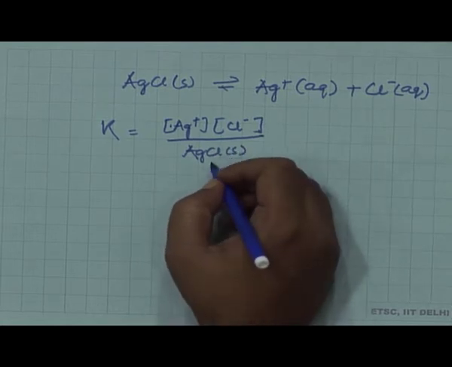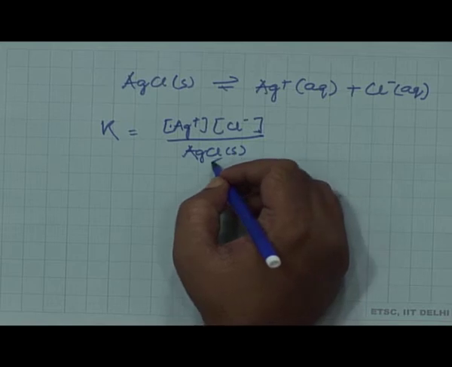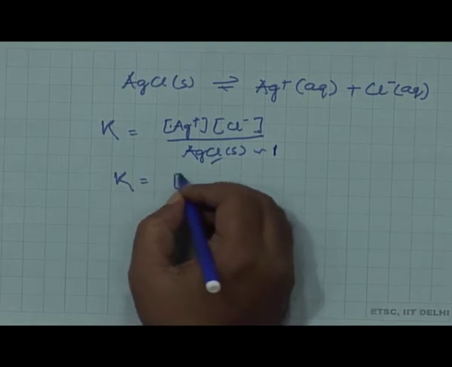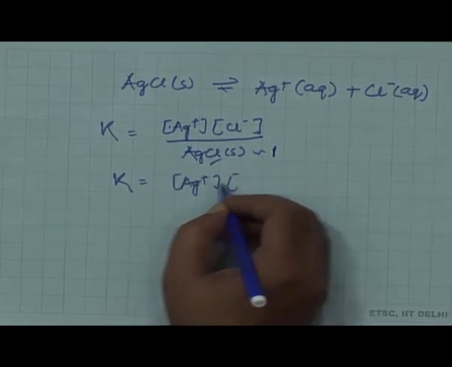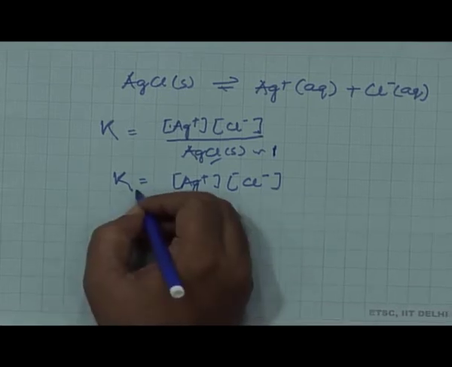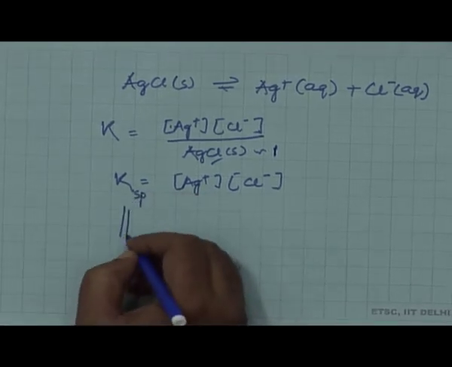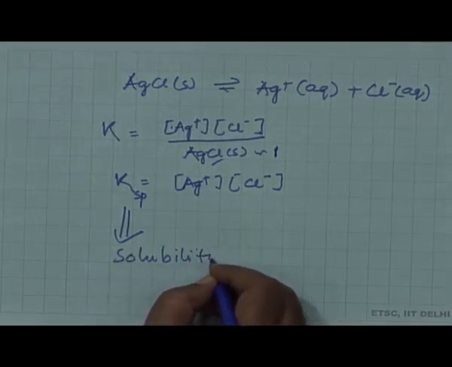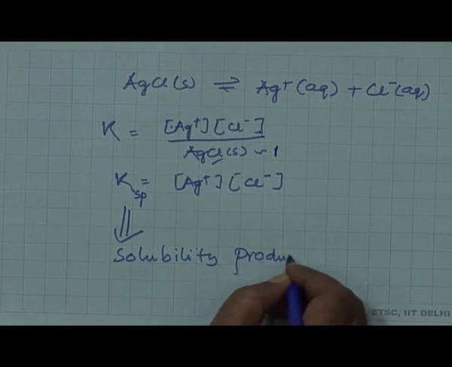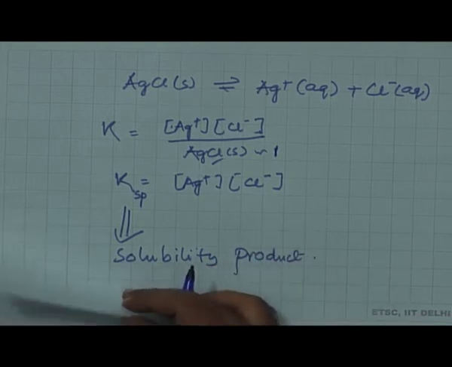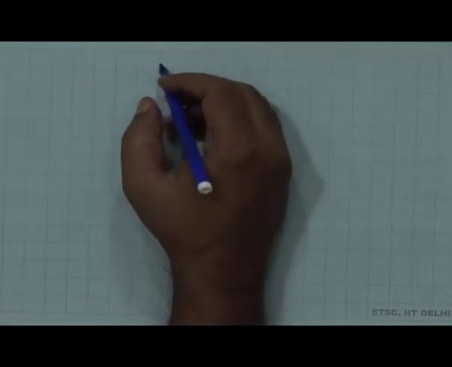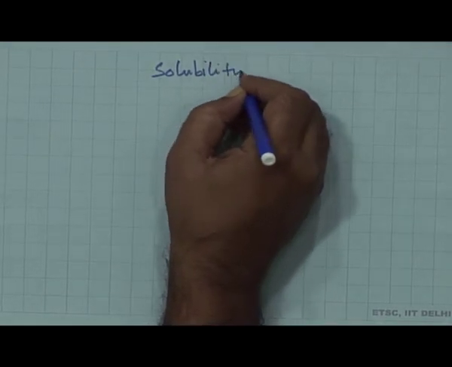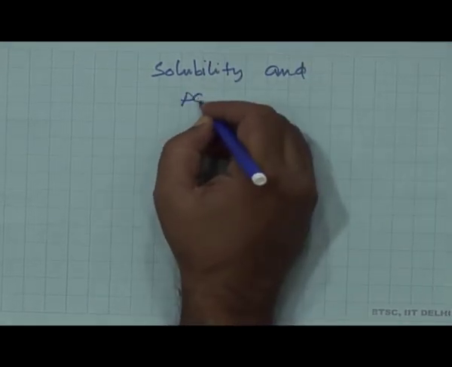And by convention we take the concentration of AgCl solid as 1, so K is equal to Ag plus into Cl minus, and this K is known as solubility product. This Ksp is called solubility product. So, there is a relationship between solubility and solubility product.